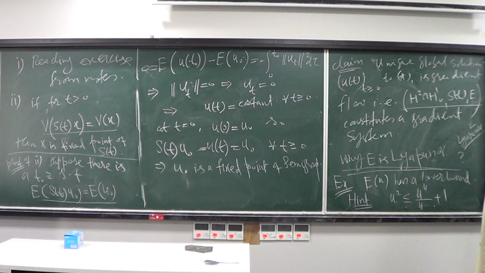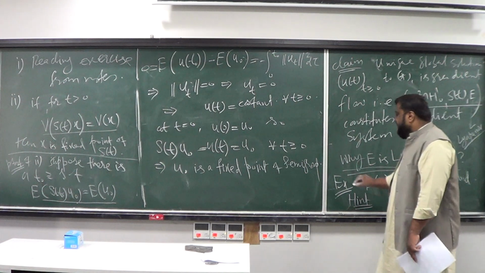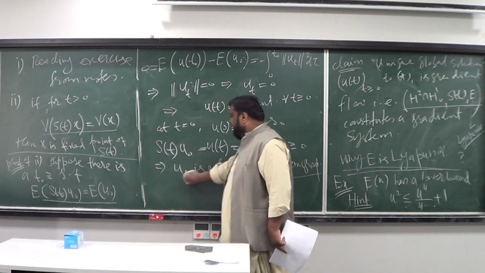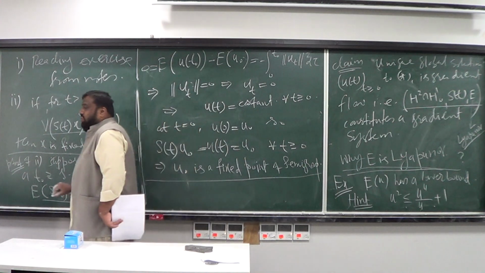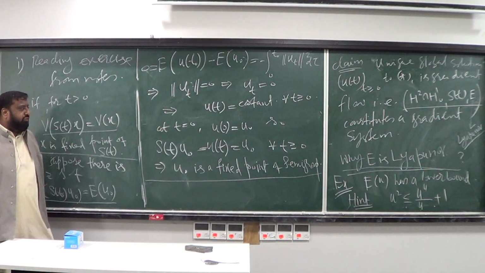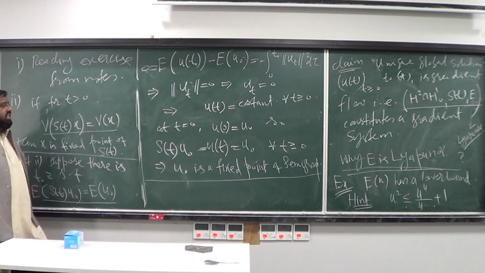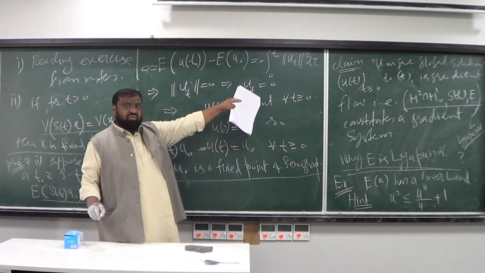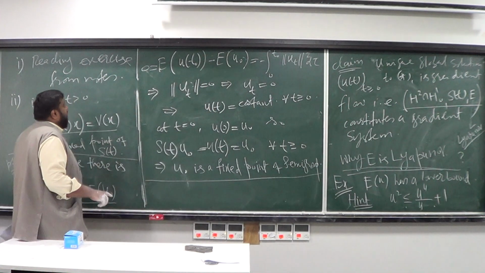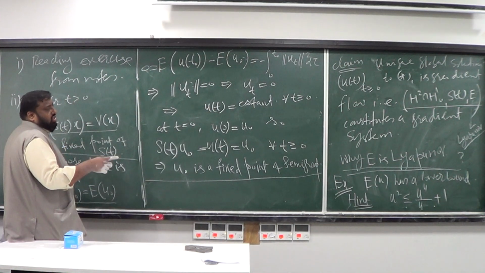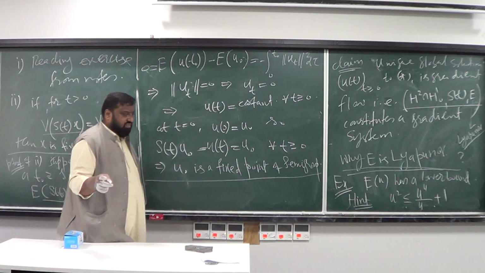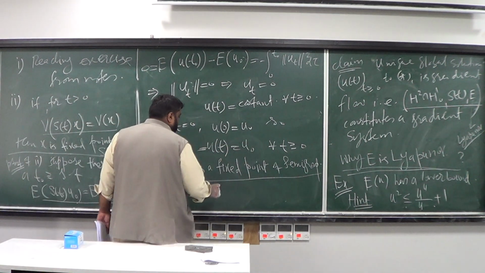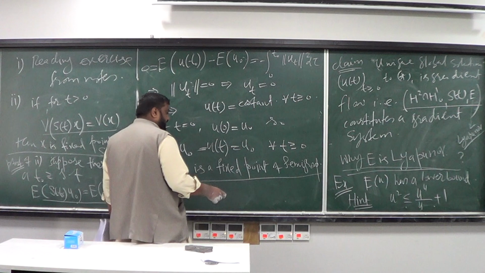Okay. By the way, I would like to add one last remark: if u of t is u naught, and u_t is 0, and u of t satisfies your evolution equation, then u naught would also satisfy that evolution equation.